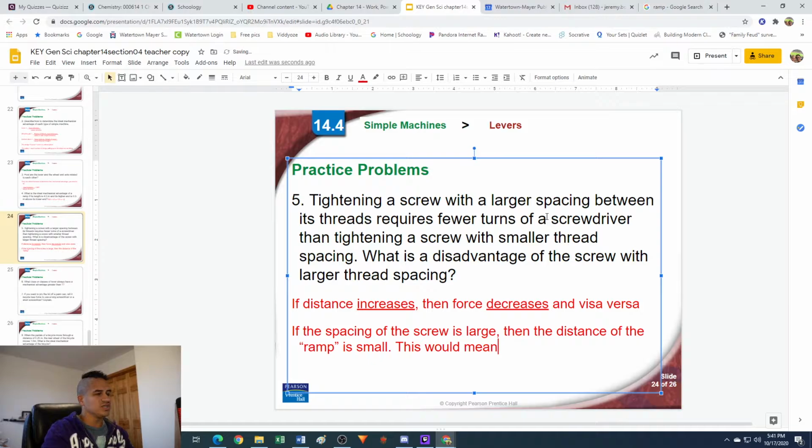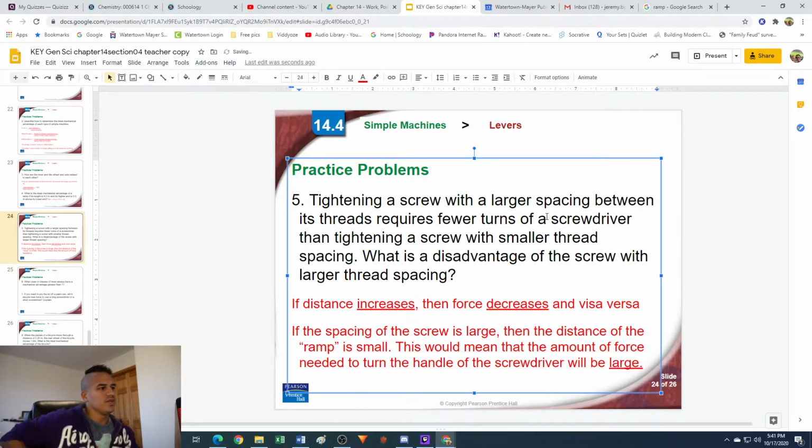This would mean that the amount of force needed to turn the handle of the screwdriver will be large. Okay? So if the spacing on the screw is large, that means that the total distance of the ramp that goes around the screw is small. And if you have a small distance, that means you have a large amount of force. And that means that every time you turn the screwdriver, it's going to be hard to turn. Okay, that's what that is saying.